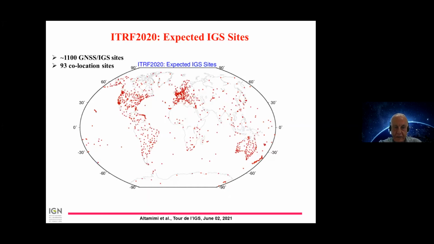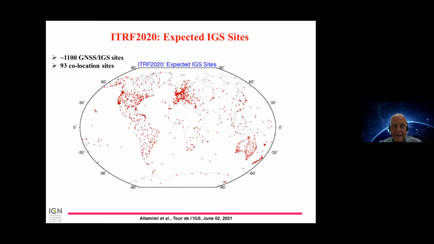Now, this is the map that shows the expected IGS sites, and we will have more than 1,000, approximately 1,100 GNSS IGS sites. And by this, I want also to recall that we have about 93 collocation sites where IGS is contributing by connecting the 3 other techniques.